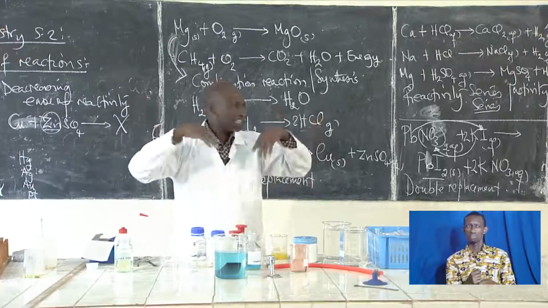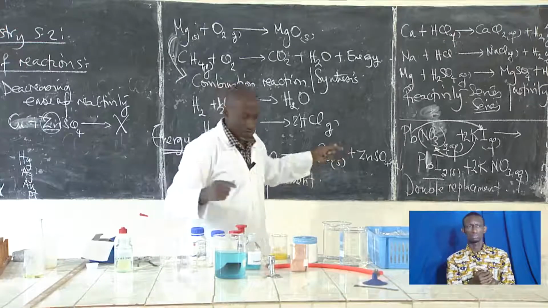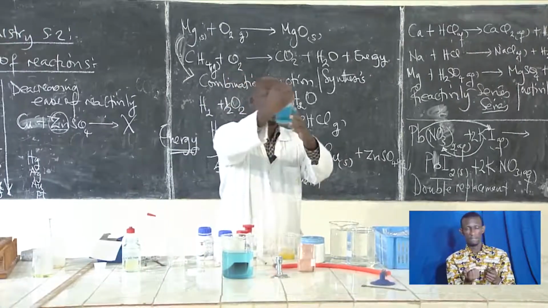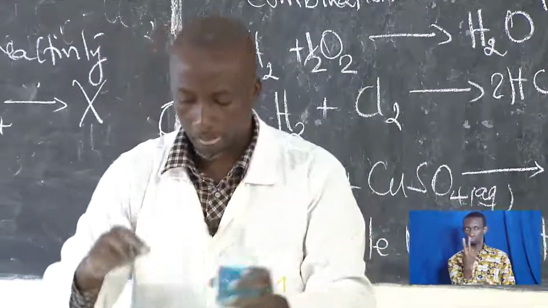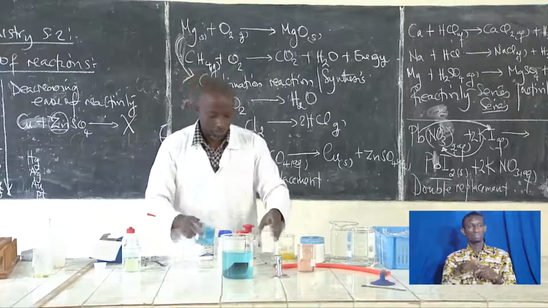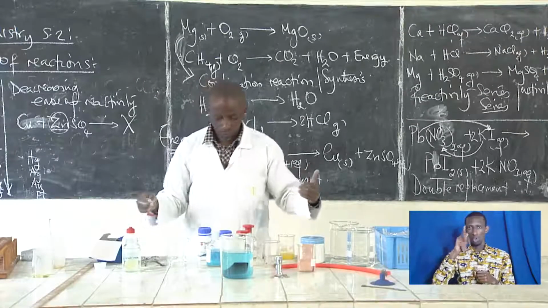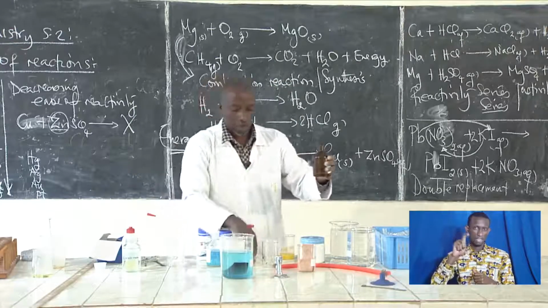You can even think of some other examples, not necessarily this. Probably you can have another one. I have copper 2 ions, this is copper 2 sulfate solution. And then I should have sodium hydroxide. It's here.